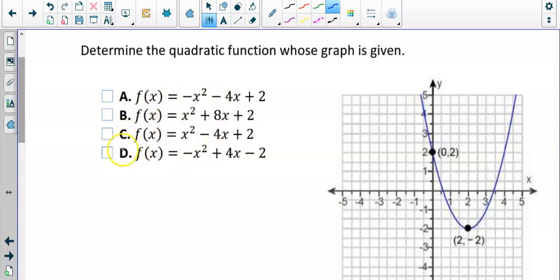What can I do with each one of these to figure out which one it is? So this is the graph. So, it's positive, right? It's got a positive A because it's a U, right? So right now you narrowed it down to 2. Which ones could they be? B or C. What can we do now?